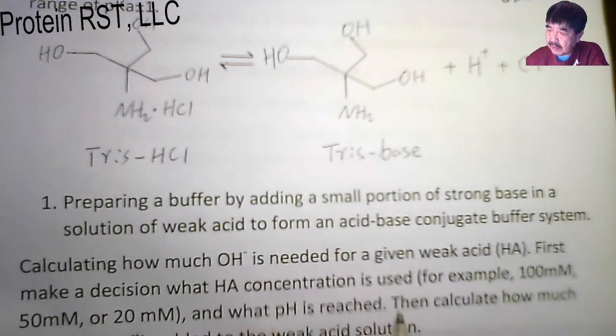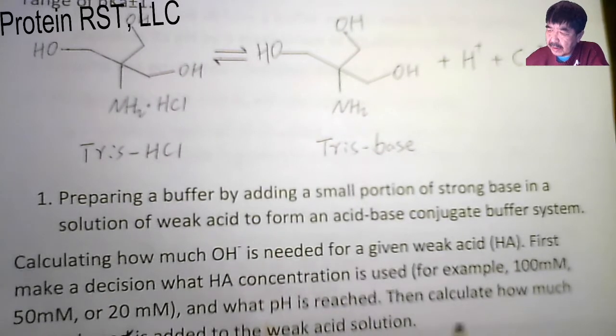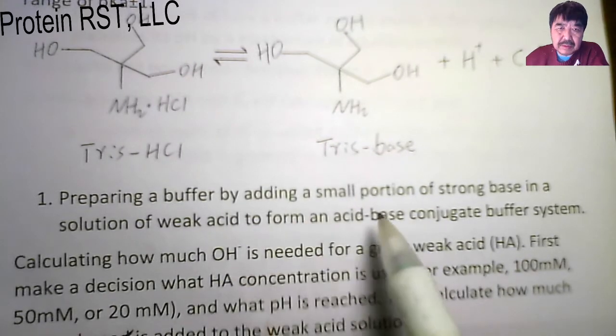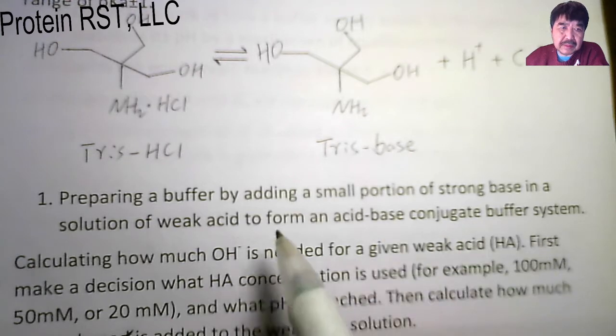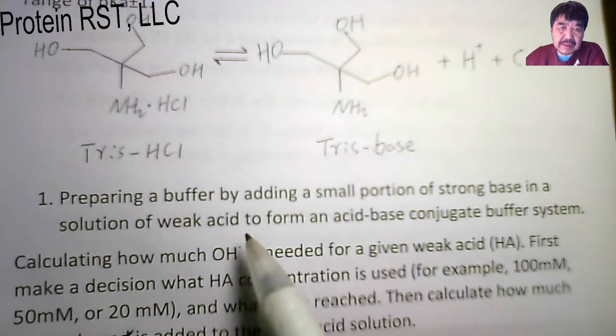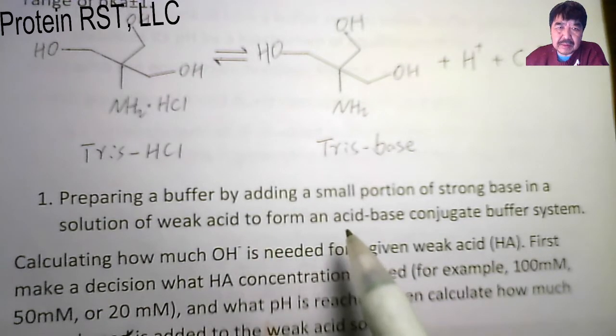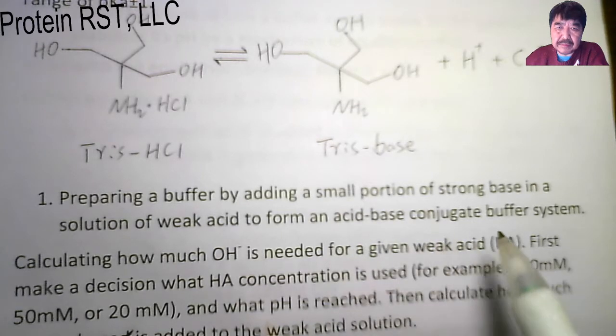Let's take a look at how to prepare a buffer by adding a small portion of strong base to a solution of weak acid to form an acid-base conjugate buffer system.